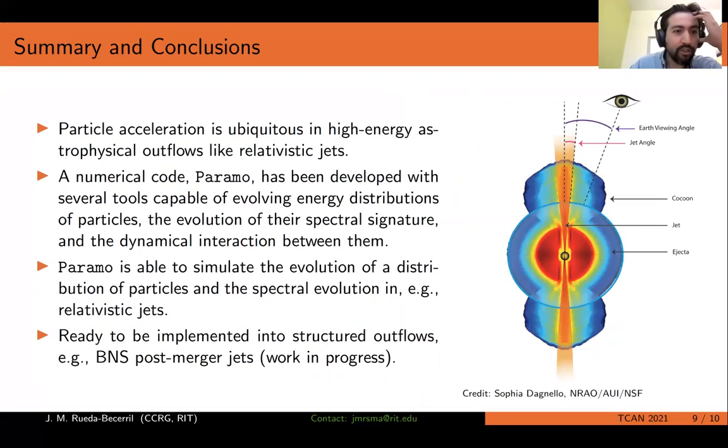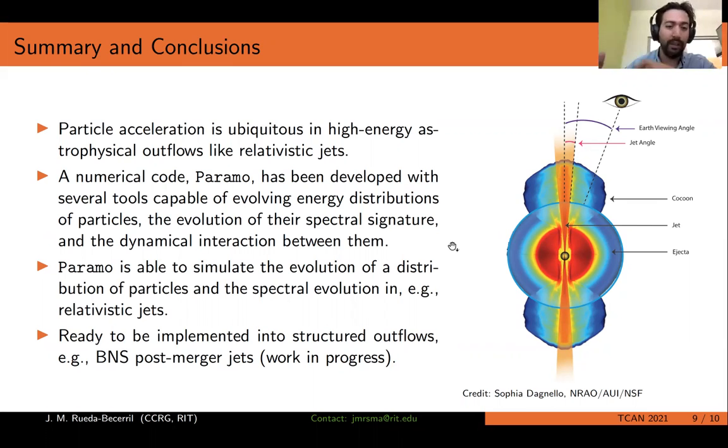Okay, I just want to summarize that this code is not only useful for a simple blast wave, it is being set up for structured jets, by solving the system of equations for the blast wave, and also for considering a jet simulation.